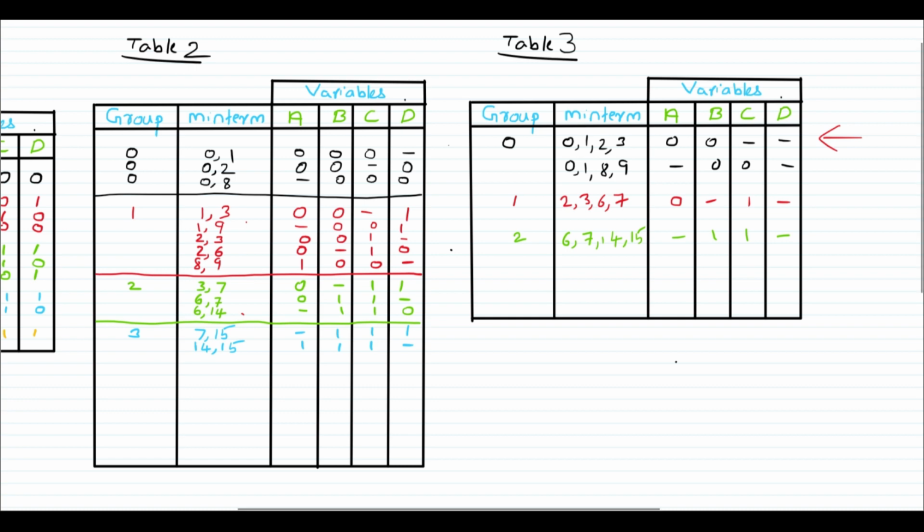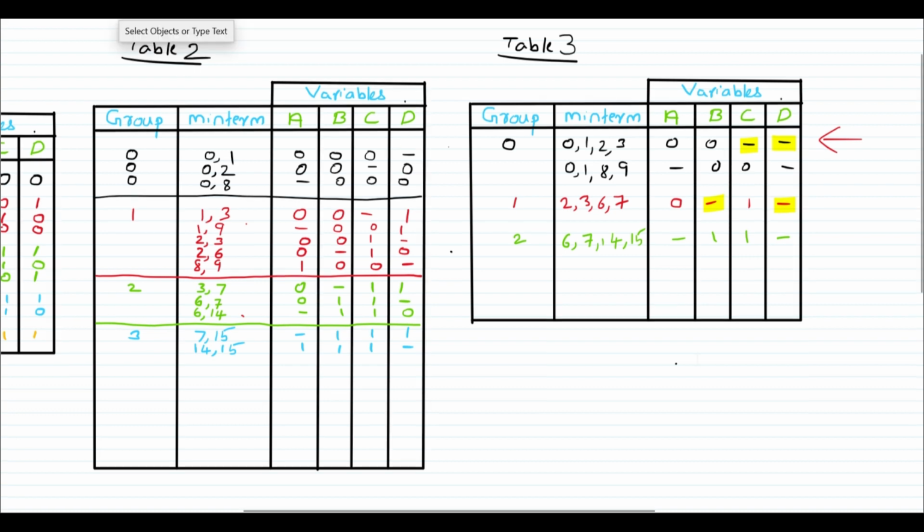In the first group we have 2 dashes, so we can group only if the 2 dashes are in the same place in group 1, but they are in different places. Therefore, we cannot group 0, 1, 2, 3 with 2, 3, 6, 7.